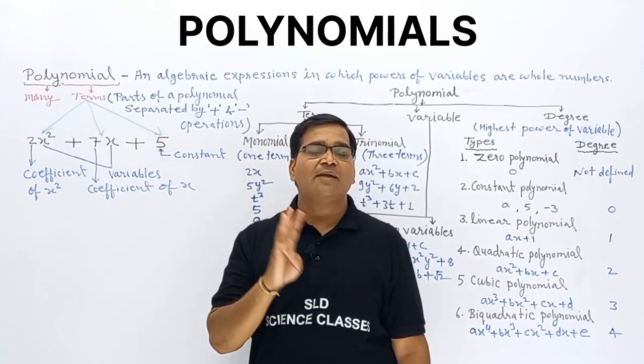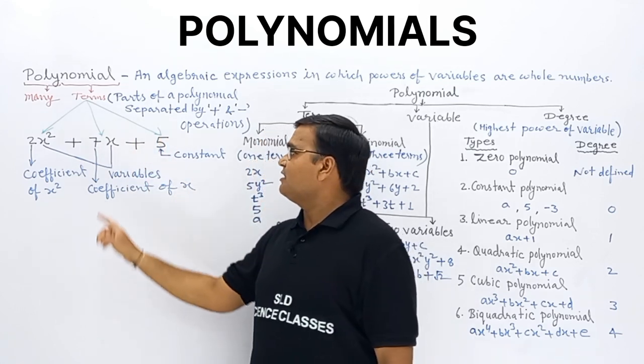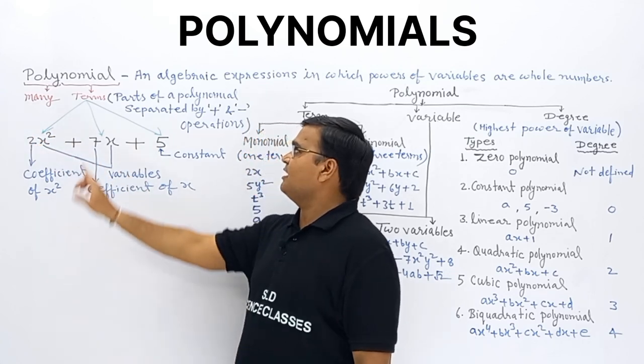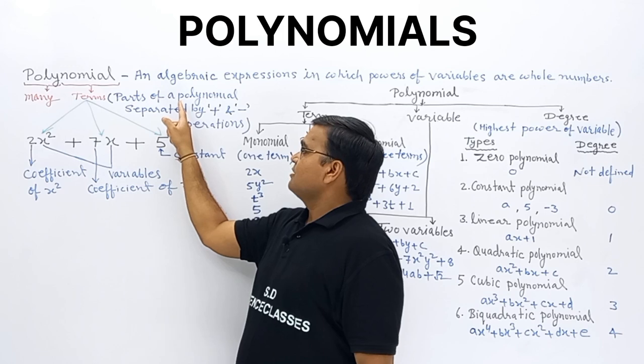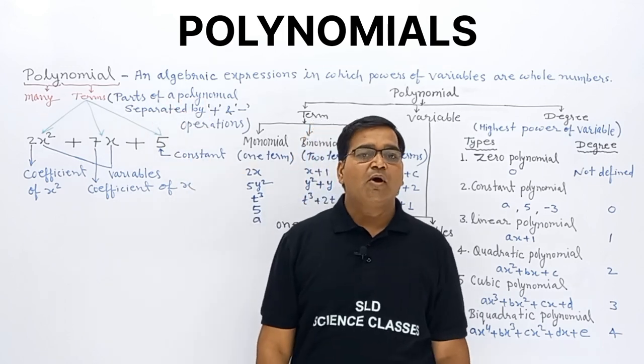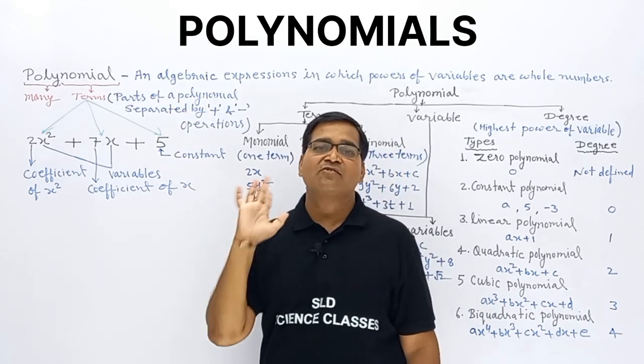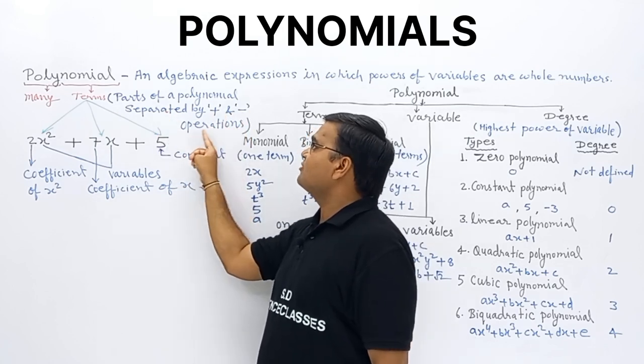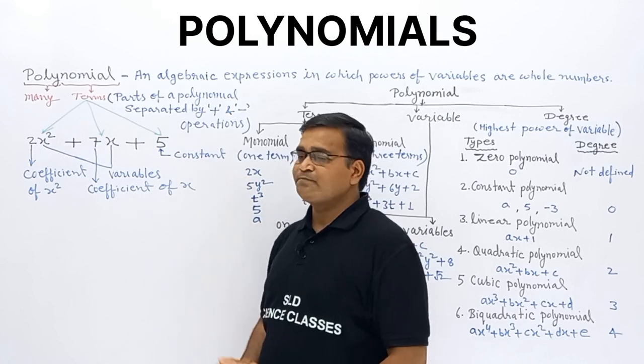These are the three terms of this polynomial, and they are separated by a plus sign. So we can say terms are parts of polynomials separated by plus and minus operations.